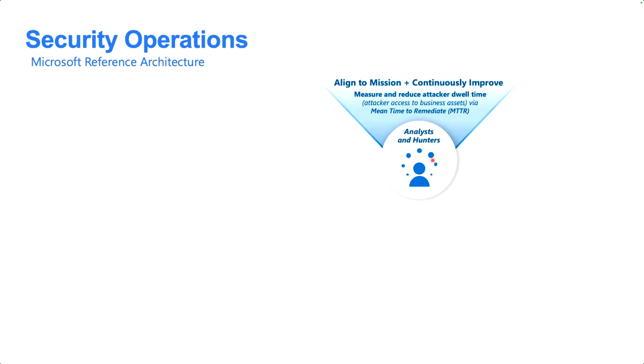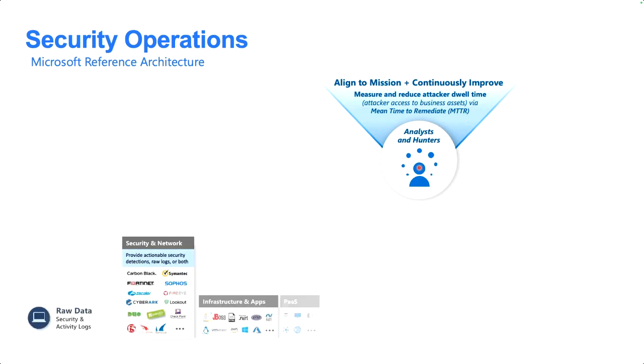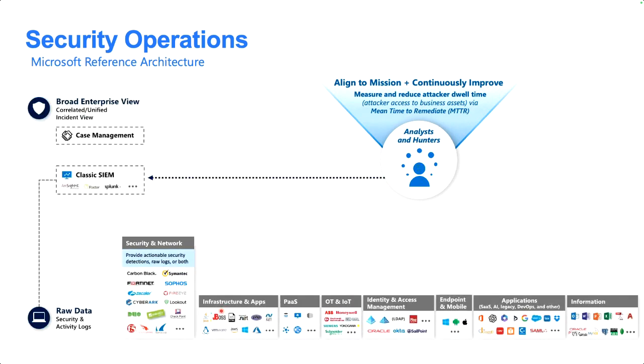So we have analysts and hunters, who help the organization catch different vulnerabilities, different cyber attacks, and so on and so forth. Their mission is to continuously improve, reduce and mitigate attacks, right? So also we have different data sets.